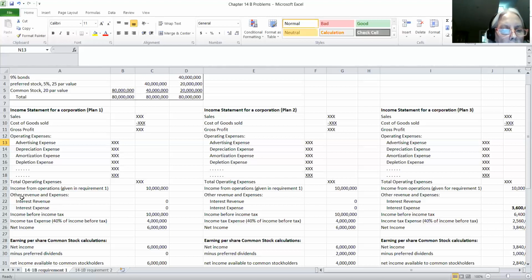This category, other revenue and expenses, sometimes I've seen this stated as other revenues, gains, and other expenses and losses.